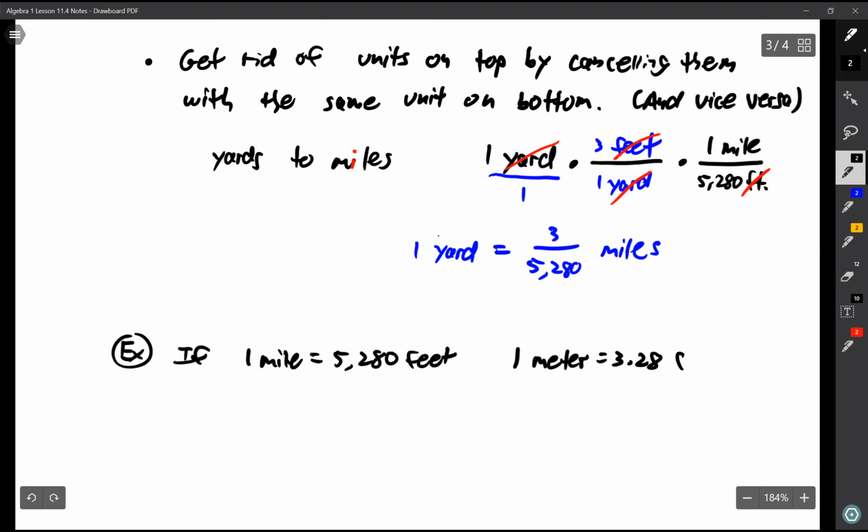So M is meters. If you want to abbreviate miles, it has to be MI dot. MI dot is the abbreviation for miles. M is the abbreviation for meters.